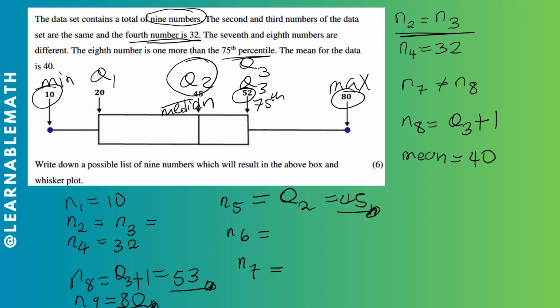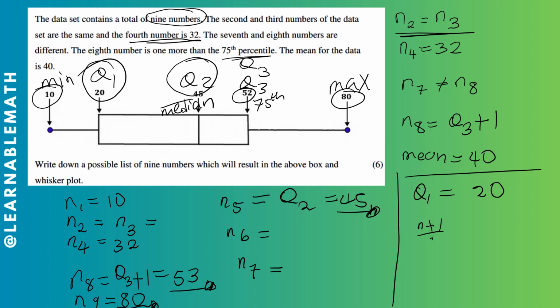Now we can come to Q1, which is 20, so Q1 is equal to 20. To get Q1, the 25th percentile, we need to know which numbers form it. The formula for the position of Q1 is (n plus 1) divided by 4, where n stands for the number of data values. We have 9 of them, plus 1, divided by 4. This is 10 divided by 4, which gives us 2,5.